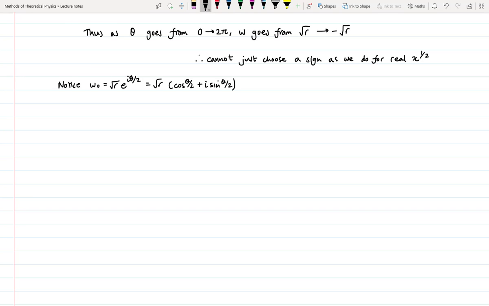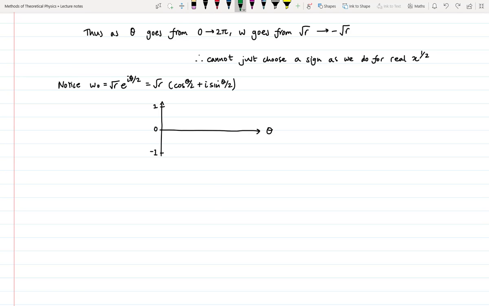What do the real and imaginary parts of this look like as a function of theta? Let's draw some axes. We have theta, and for convenience I'm going to label the numbers 1, 0 and minus 1.